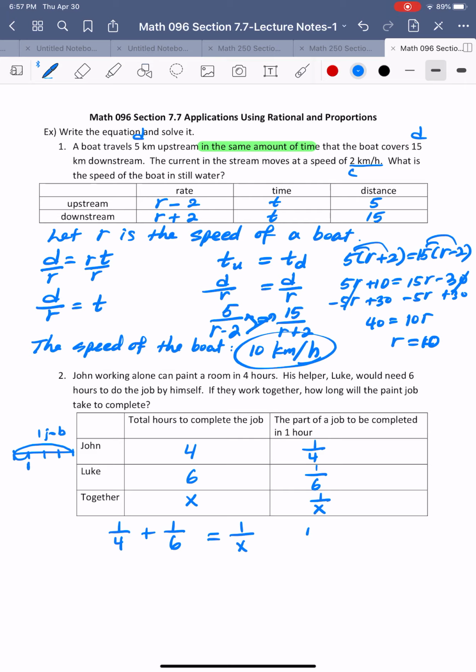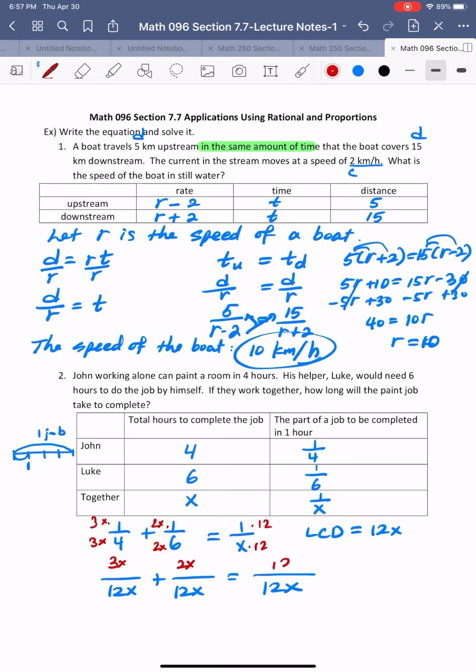So we just need to find the LCD, which is going to be 12x. I'm going to put down 12x as the denominator, and multiply the missing factor: 3 times x gives 3x, 2 times x gives 2x, and 12 stays 12. Multiply by 12x on both sides, and it cancels all the denominators, so you get 3x plus 2x equals 12.